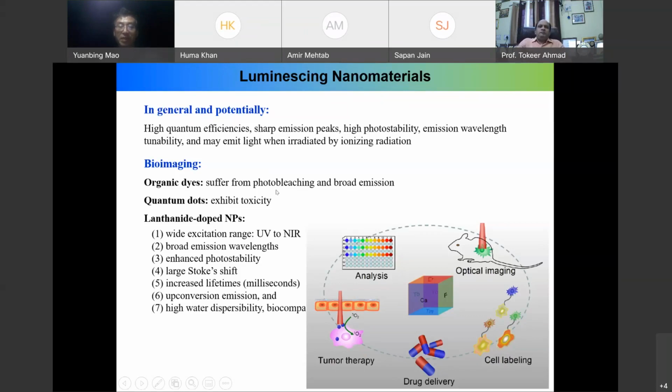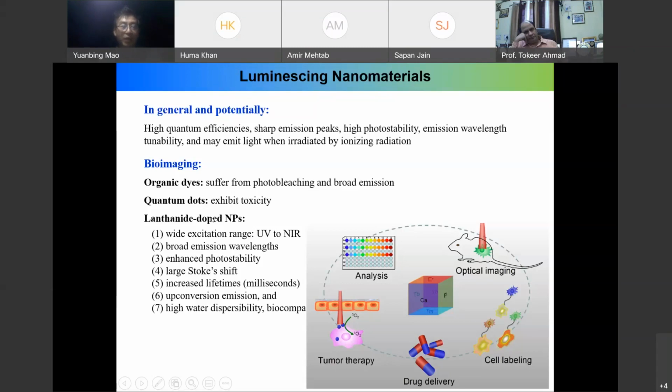Photobleaching is a problem for organic dyes, because of the organic compounds, their structure can vibrate more easily, so they give broad emissions. And then, there are also people who try to explore quantum dots for this purpose. But many quantum dots actually are quite toxic.